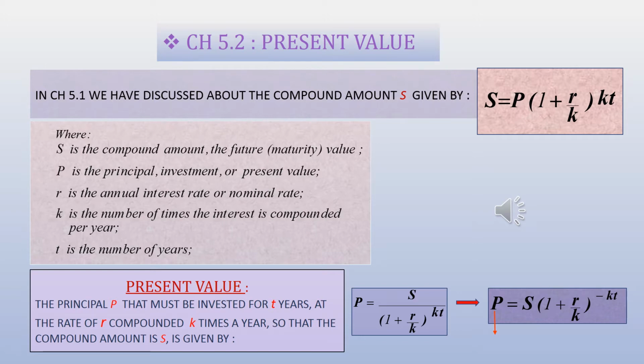When S equals P multiplied with (1 plus R over K) to the power of KT, automatically P is equal to S divided by (1 plus R over K) to the power of KT. This formula can also be written as P equal to S multiplied with (1 plus R over K) to the power of negative KT. So P is the present value.